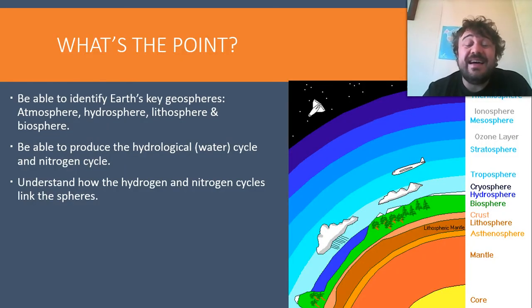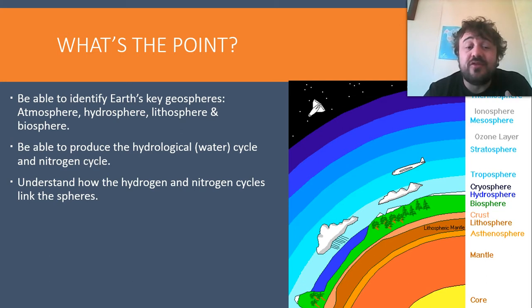So what's the point? Today, you want to be able to identify the key geospheres. These are the spheres of Earth, geo meaning Earth. So the key geospheres are the lithosphere, the hydrosphere, the atmosphere, and how they interrelate, as well as the biosphere. Now the biosphere is the one we live in, and that sort of encompasses all three.